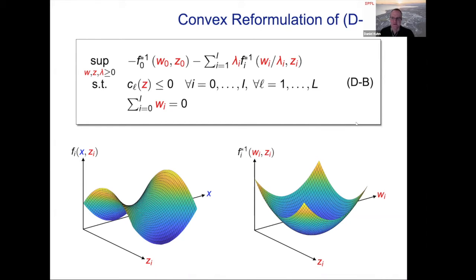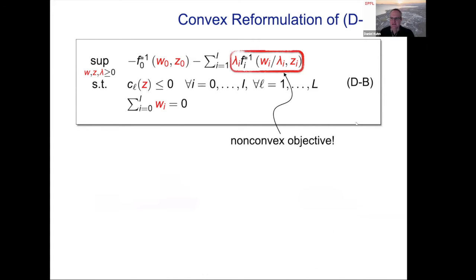As f_i was assumed to be convex in x and concave in z_i, one can again show that its partial conjugate with respect to x is jointly convex in z_i and the dual variable w_i. And so evaluating the perspective of this convex function only with respect to the first argument w_i, unfortunately makes this function non-convex.